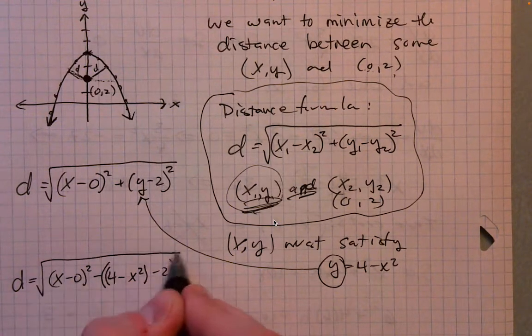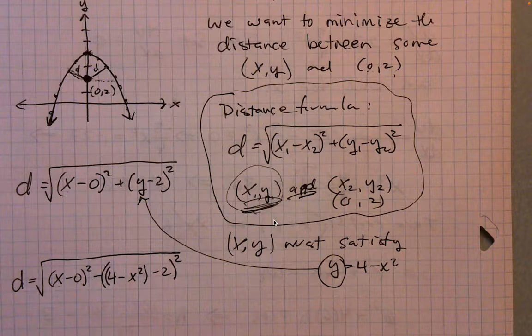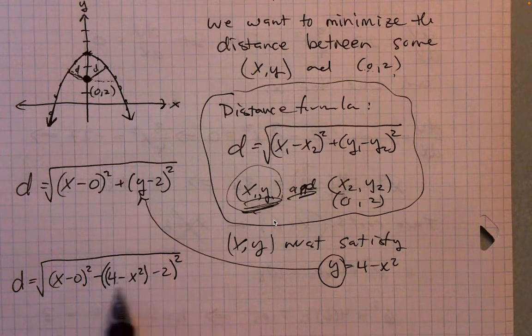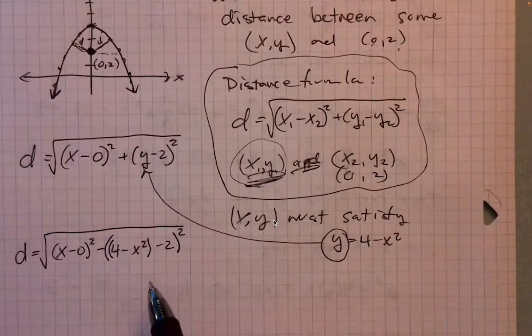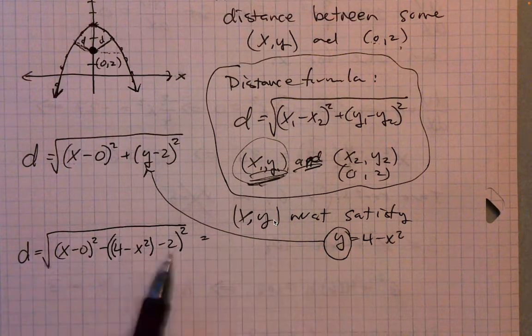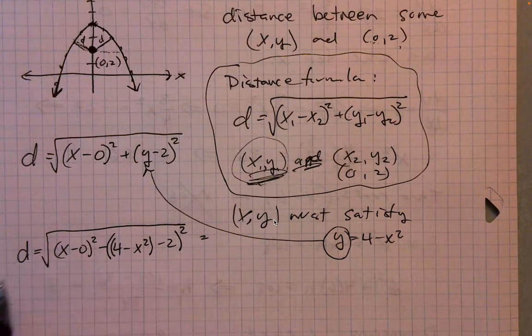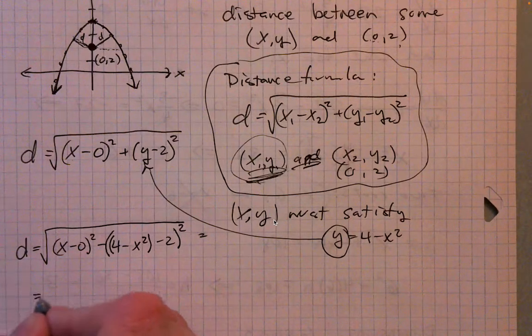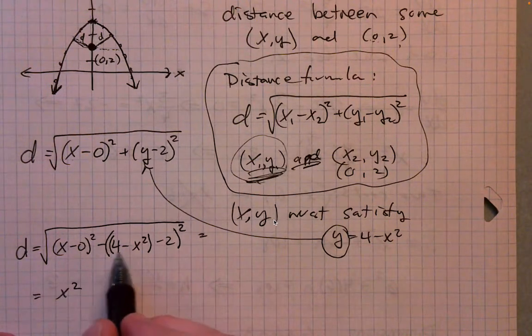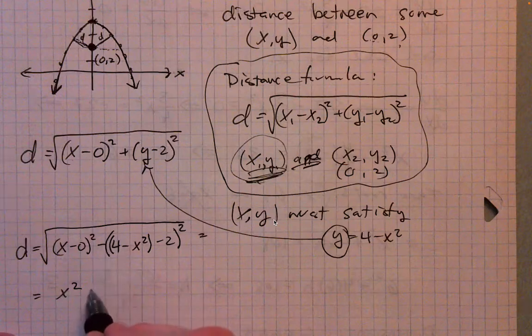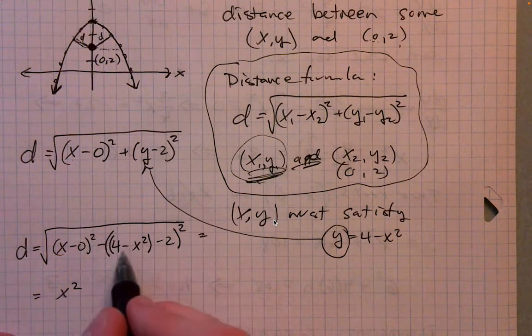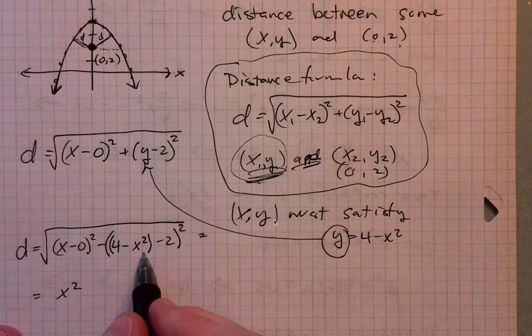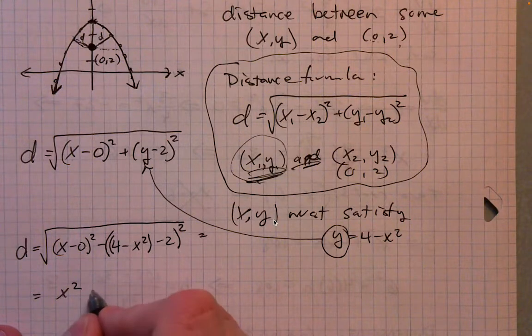All we did was take the y here and plug in 4 minus x squared. Now we can simplify this expression. When we do that, we get x squared, and then here you're going to have 4 minus x squared minus 2, and that's just going to be 2 minus x squared.